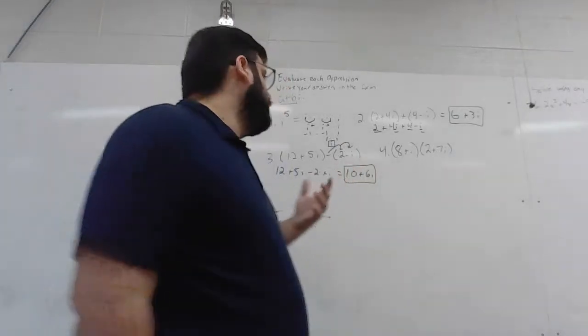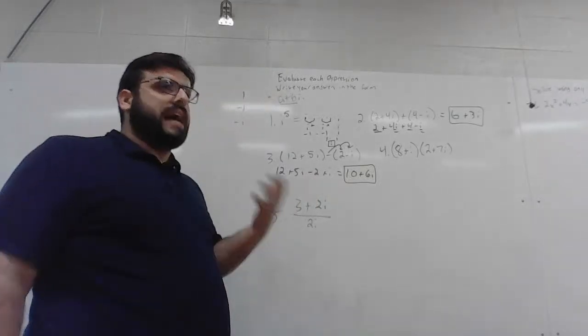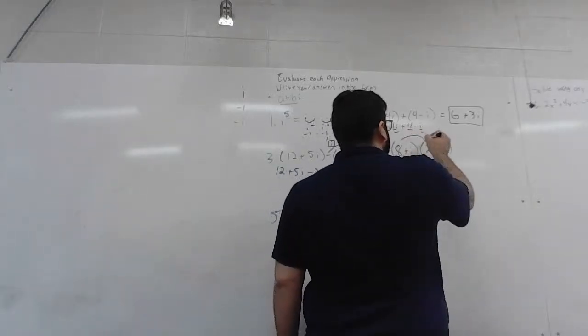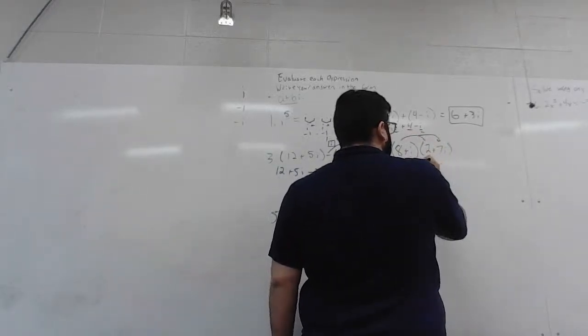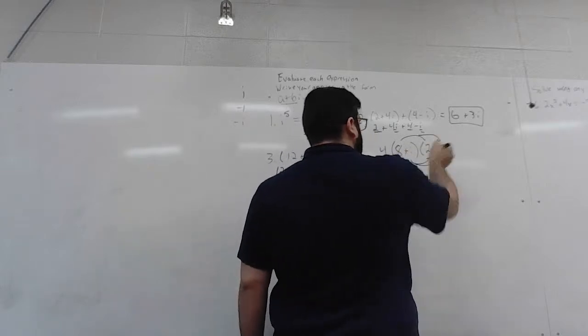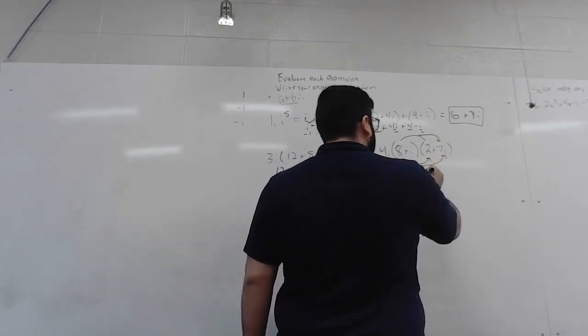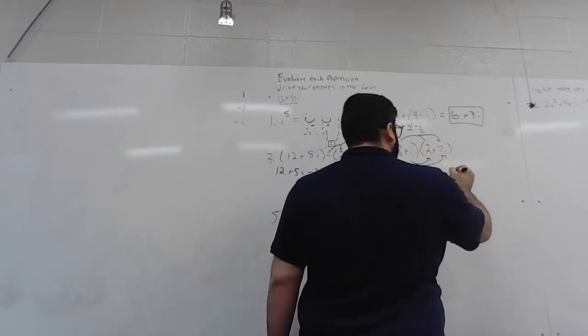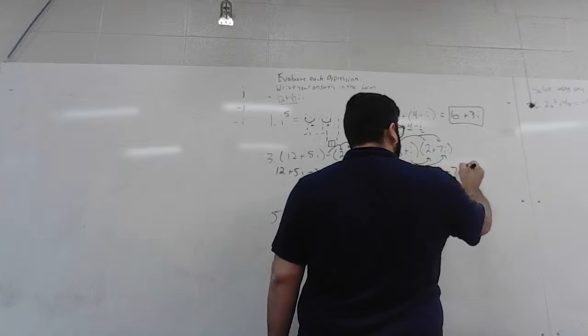When it comes to multiplication and division, that's where you're going to be doing some of your FOILing, especially with multiplication. First, outside, inside, last. 8 times 2 is 16. 8 times 7i, that's 56i. i times 2 is 2i. i times 7i is 7i squared.